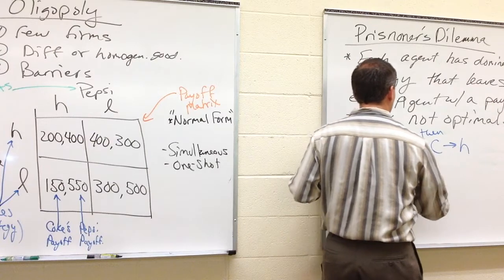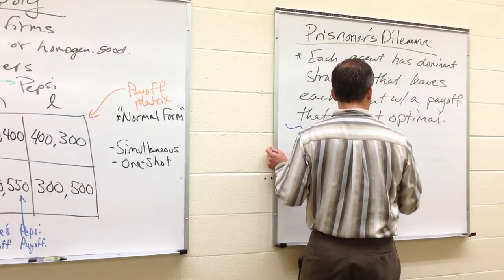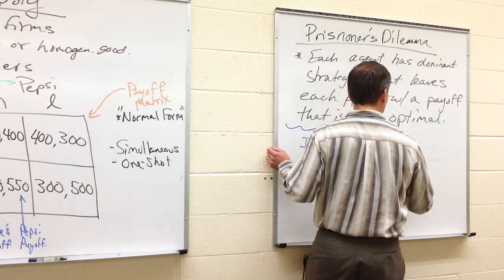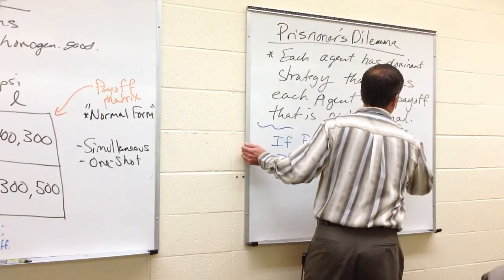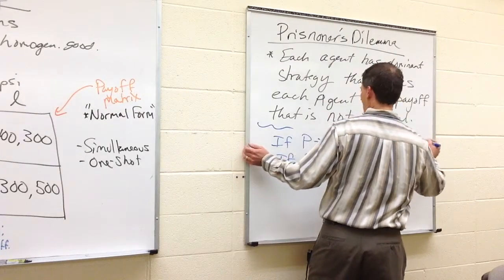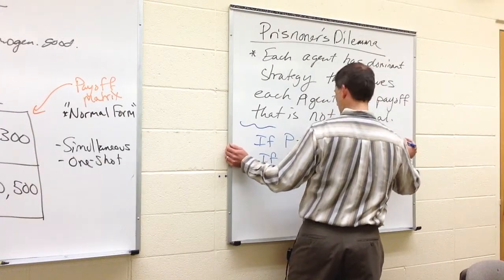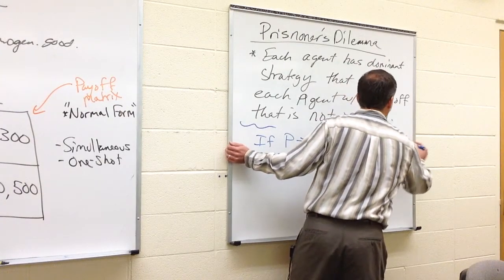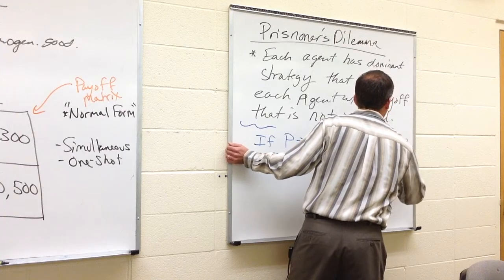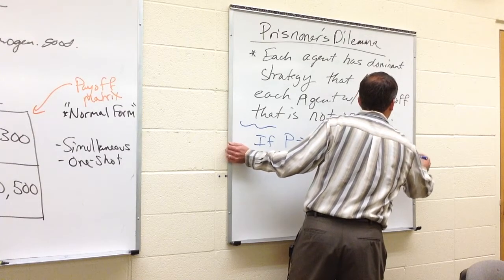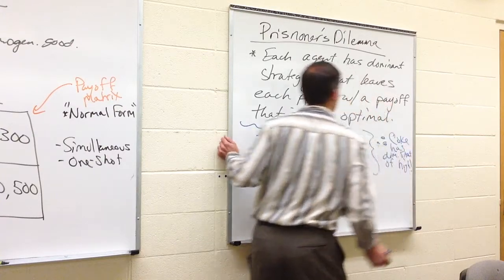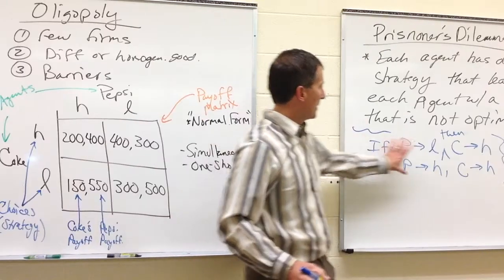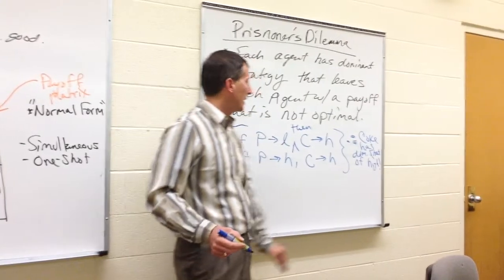If Pepsi chooses high, then Coke should choose high. Therefore Coke has a dominant strategy of choosing high. No matter what Pepsi does, Coke's better off choosing high.